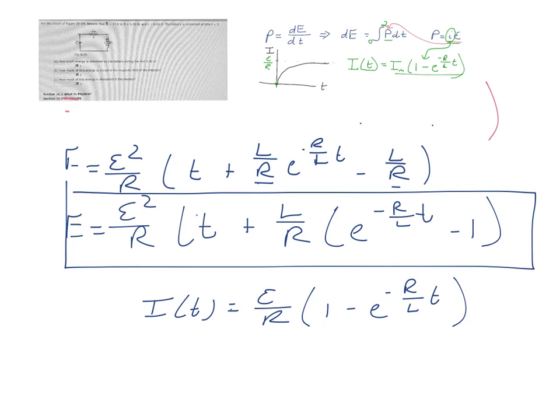However, once you have the energy from the battery and the energy from the inductor, you can actually just subtract those two and get the difference. All right, so there's the problem.